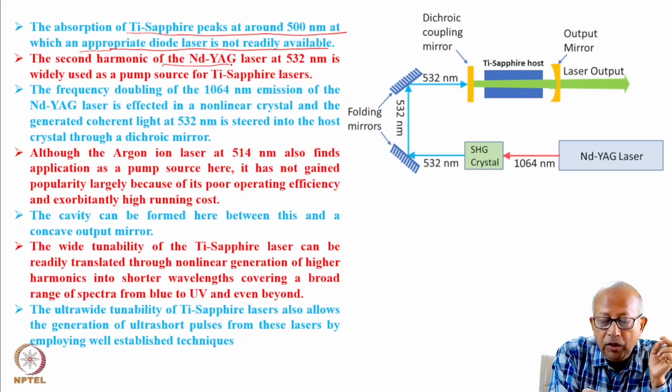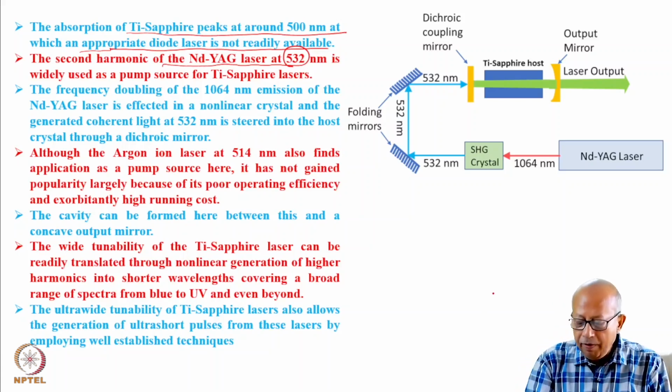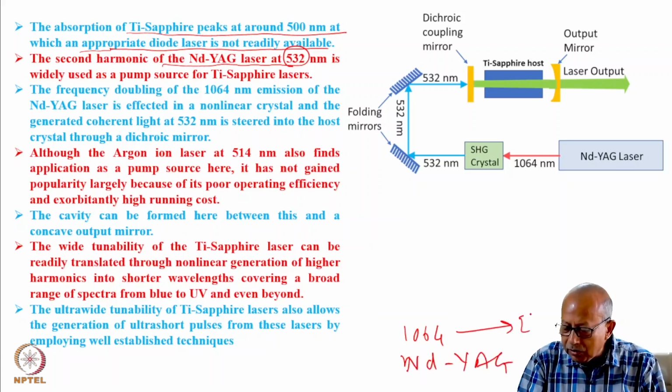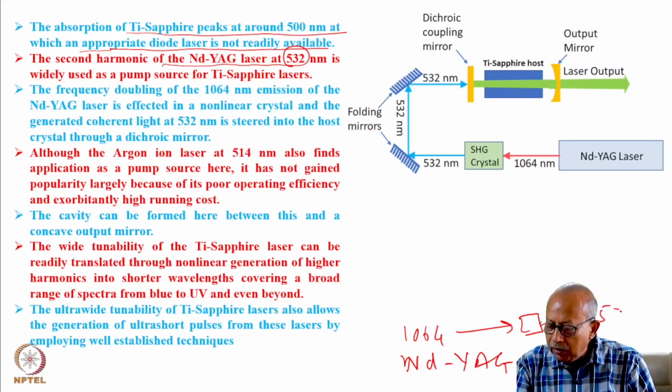It is pumped by the second harmonic of the Nd:YAG laser, which is at 532 nanometer. You have seen that 1064 nanometer is the Nd:YAG output. You put a nonlinear crystal, and that will frequency double it and give you 532 nanometers.